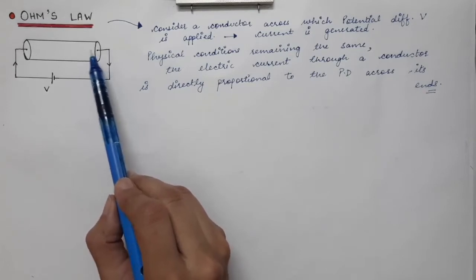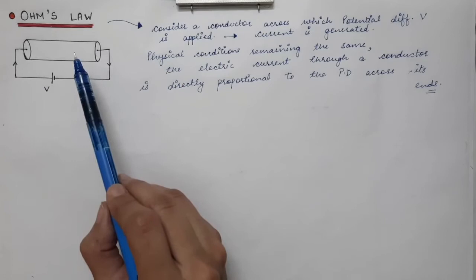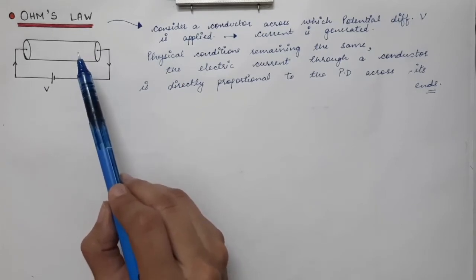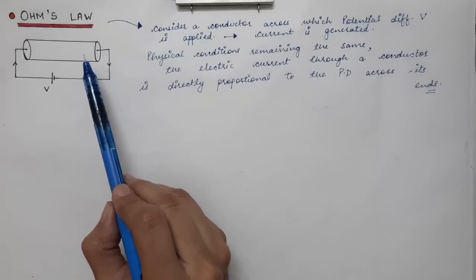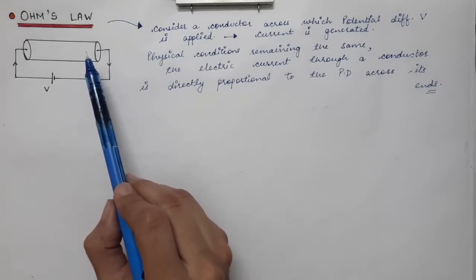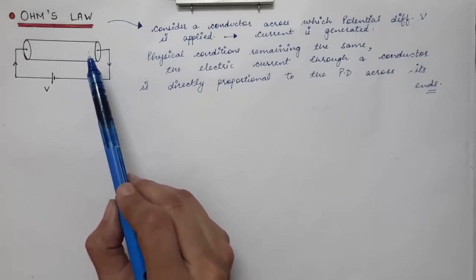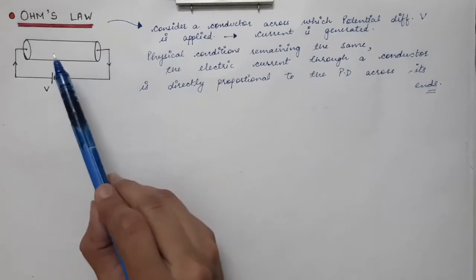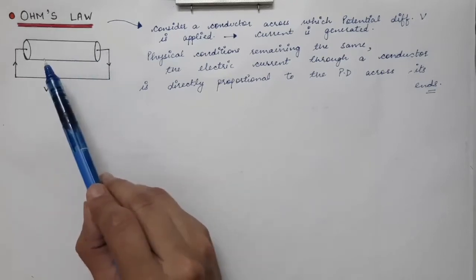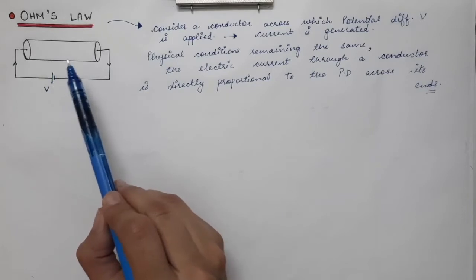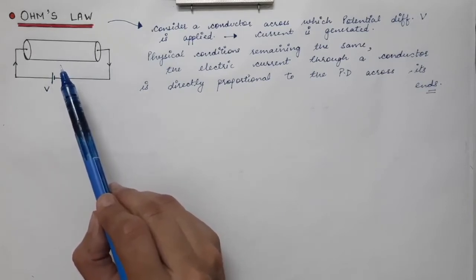That is, there will be a certain resistance in the conductor to the flow of the electrons. These positive ions will be obstructing the flow of electrons, stopping the electrons from moving towards the positive terminal. So there will be a certain resistance inside this conductor.